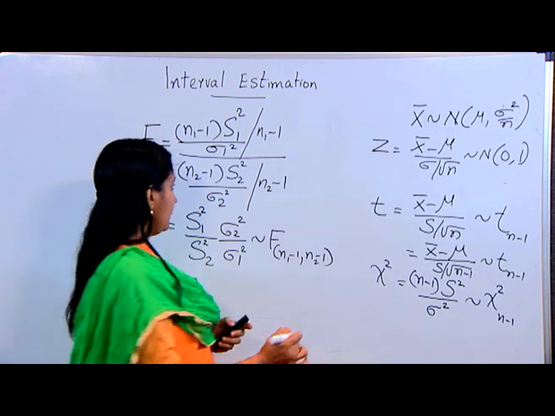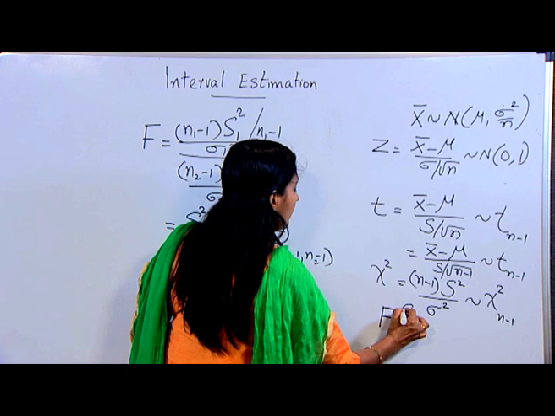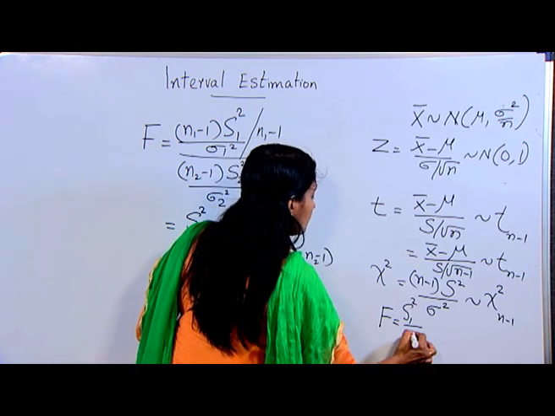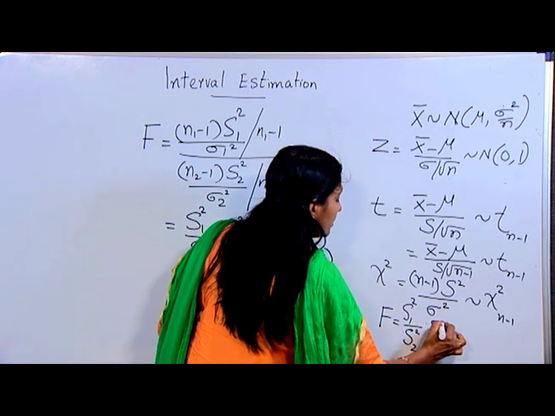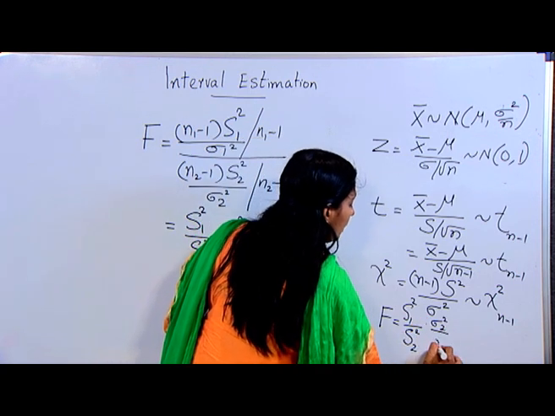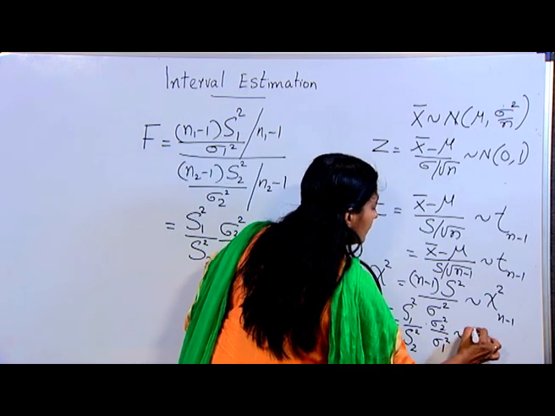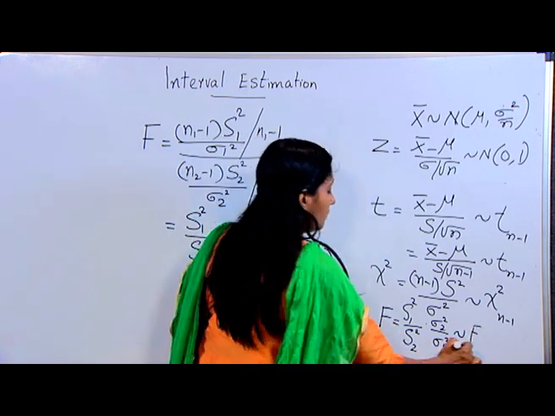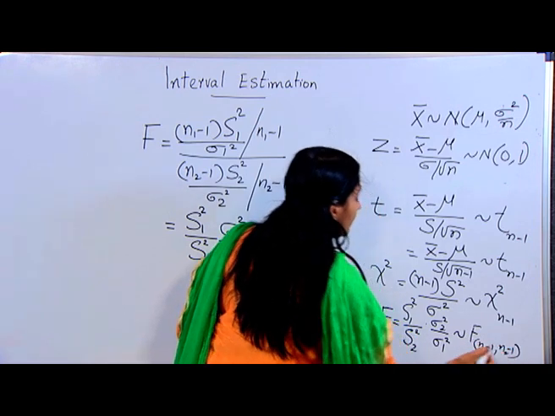Hence, we consider F is equal to S1 square by S2 square into sigma 2 square by sigma 1 square, another sampling distribution with n1 minus 1, n2 minus 1 degrees of freedom.